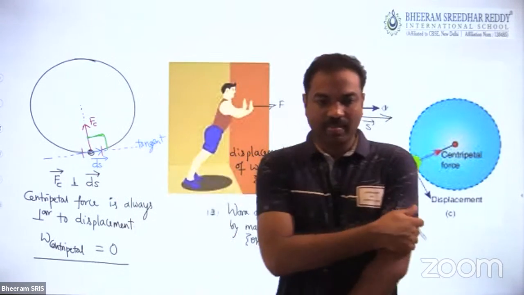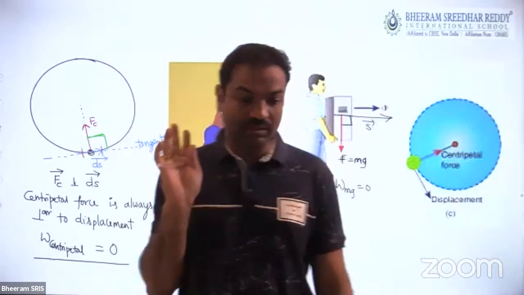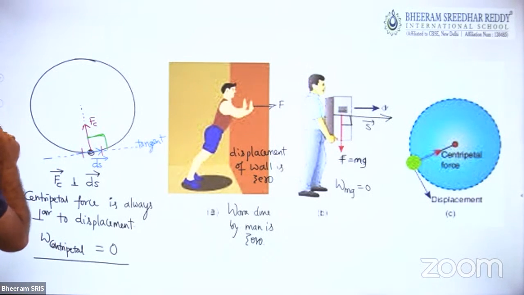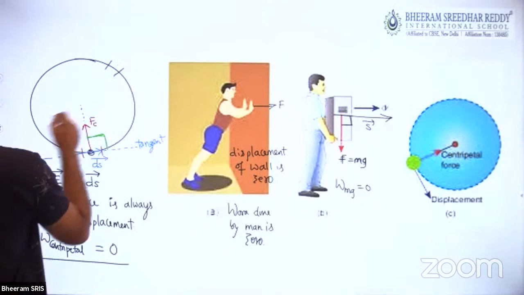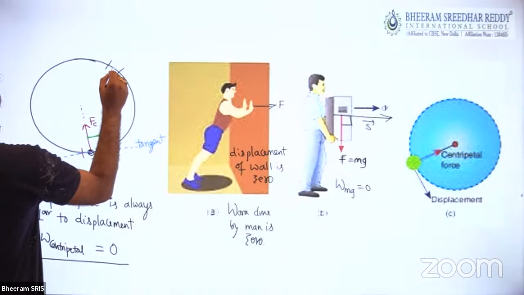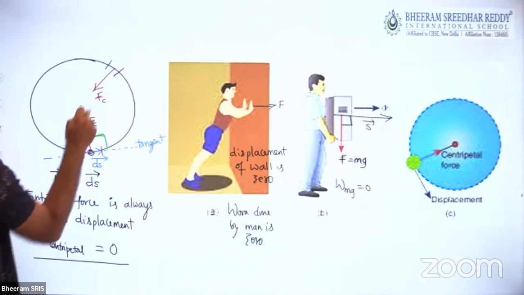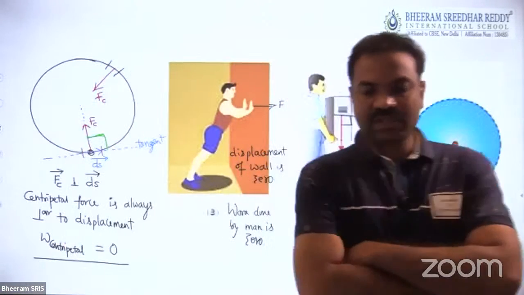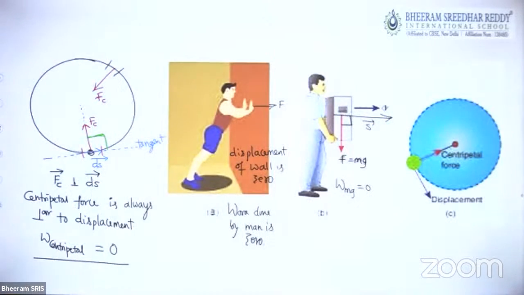That's not the reason. Work done is not 0 because displacement is 0. Why is work done by centripetal force 0? Centripetal force is always perpendicular. Let us say we take some other small part here, then centripetal force will act towards the center. Now centripetal force is not a constant force, it's a variable force. Centripetal force direction keeps on changing.